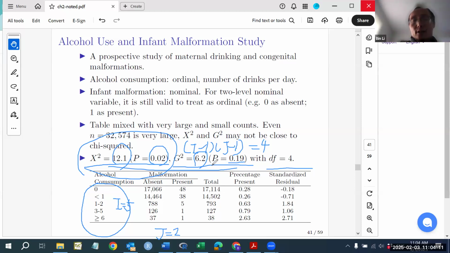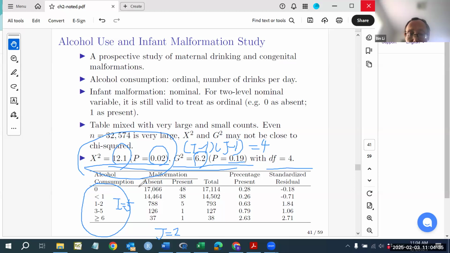Remember last time I told you, if the chi-square for the Pearson test and the chi-square for the likelihood ratio test give us different results, it's a warning sign that means the chi-square approximation is not good. And that's obvious because you can see in this study, it's highly imbalanced, right?